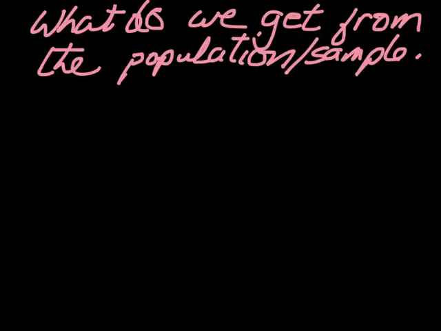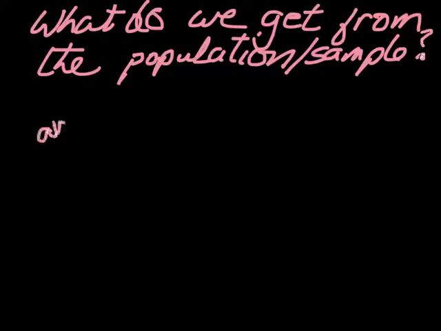One of the things that we have to do is, we have a population or a sample and we're trying to collect this data, this information we're interested in, from these groups. And what we want to know about are some kind of numerical descriptions. You've probably heard of these things.